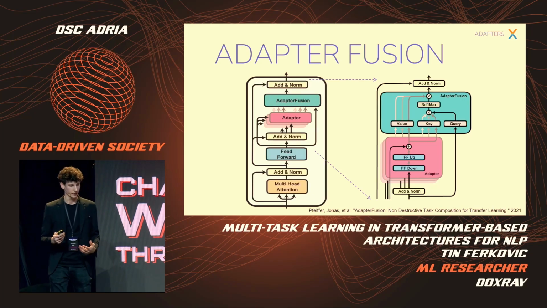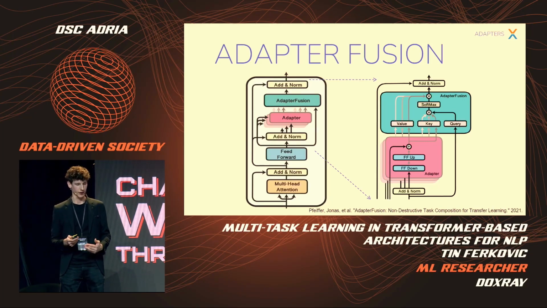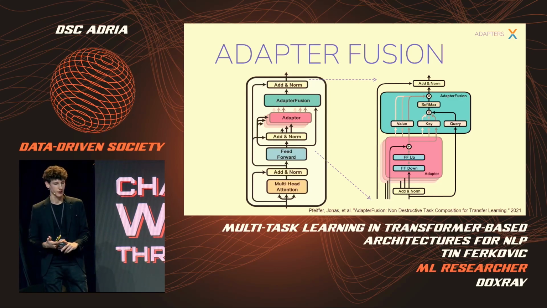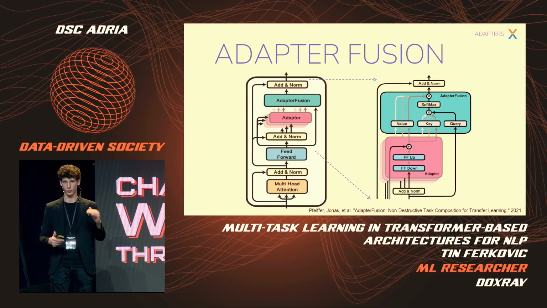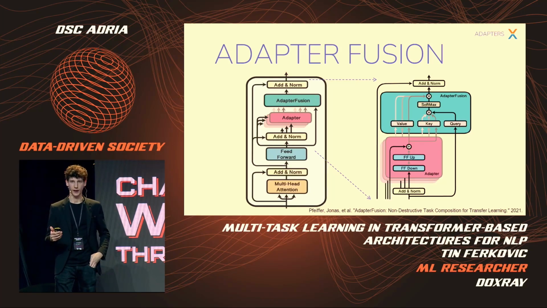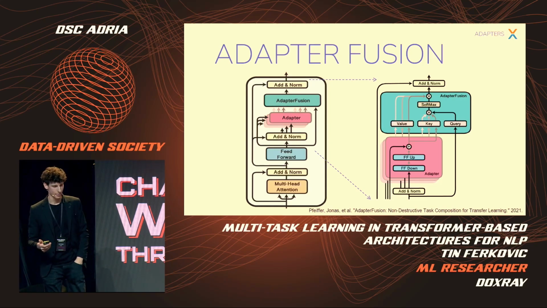So basically, again, you let the model decide how much each of the adapters contributes to this example or this batch or this task. You have your queries, keys, values, similar to the attention mechanism. You do the dot product with the query and keys, you do the softmax, basically get the weights, how important each of the adapters is, and then you weight the values to give the contribution to each of the values.